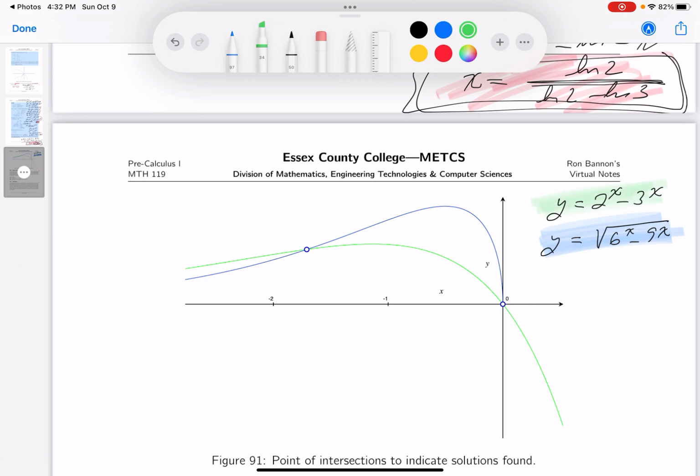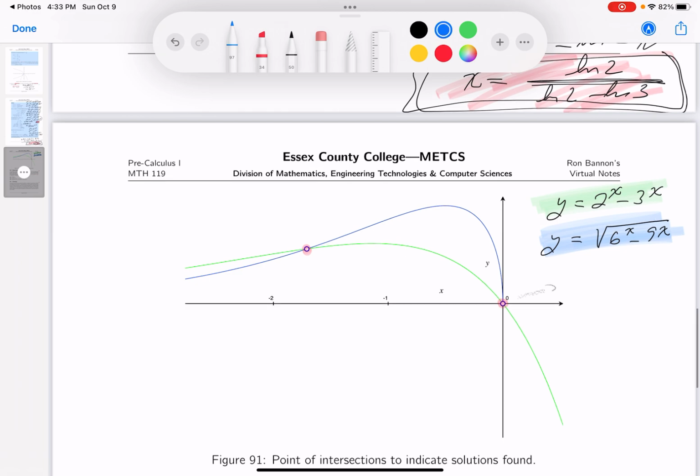There are two places they intersect. Let me highlight those for you. Here and here. This one is clearly where x is equal to 0, which we found already. And this one over here, and I did plot the point, is the natural log of 2 over the natural log of 2 minus the natural log of 3.